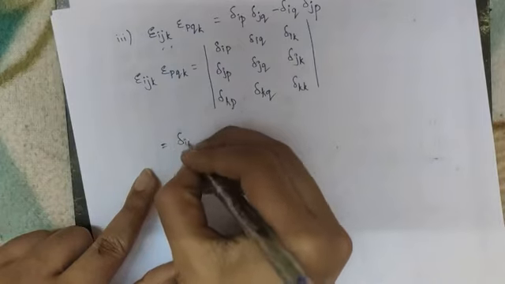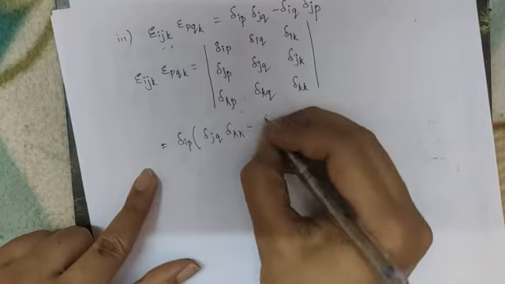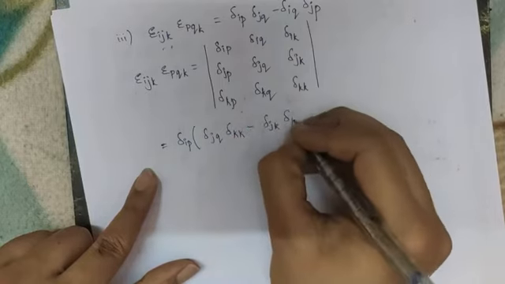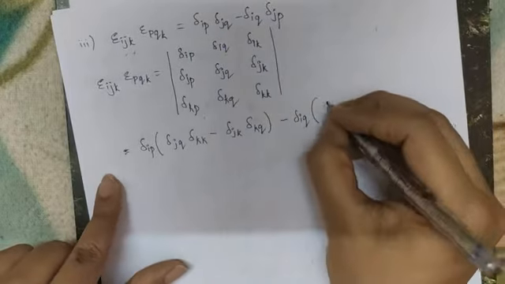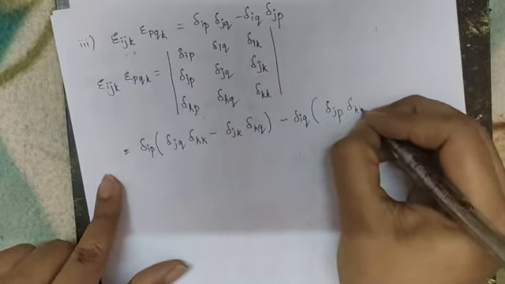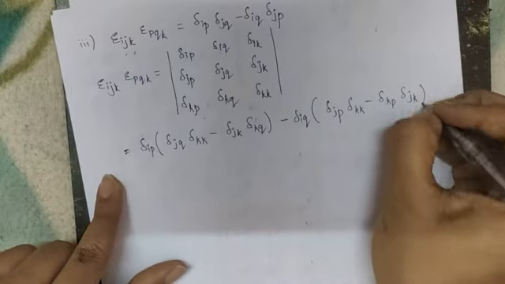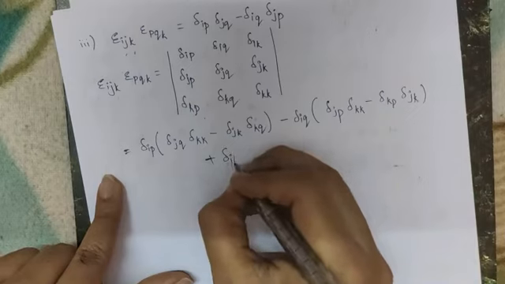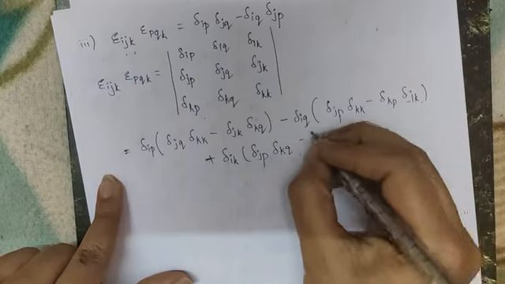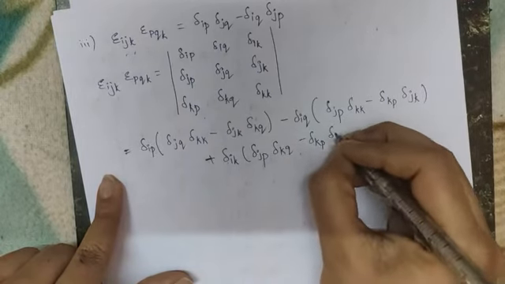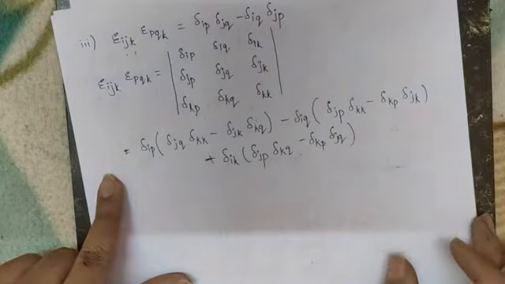You will get delta ip into delta jq delta kk minus delta jk into delta kq, minus delta iq into delta jp delta kk minus delta kp delta jk, plus delta ik into delta jp delta kq minus delta kp delta jq. This is nothing but the determinant of this, right?